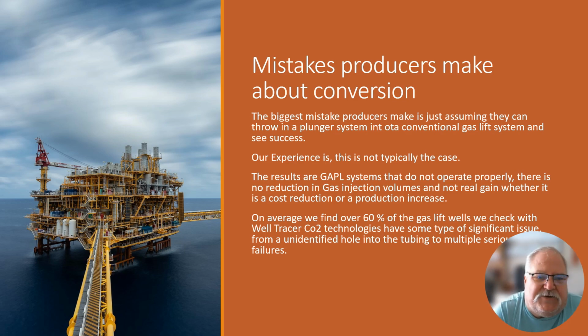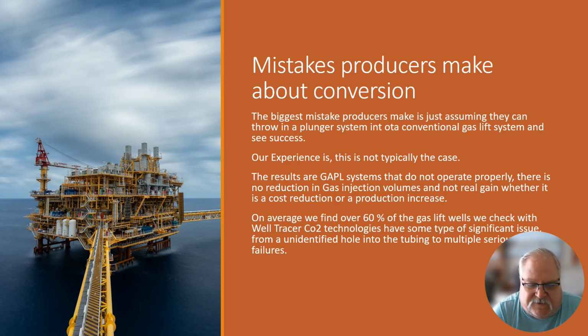So, mistakes producers make. Now that we've given a brief overview of gas lift, the biggest mistake we find is assuming that you can just throw a plunger lift in a conventional gas lift system and see success. Our experience has been that this is not typically the case. What we typically find is the systems are not operating properly because there's no reduction in gas injection volumes, and really, that's what should happen.